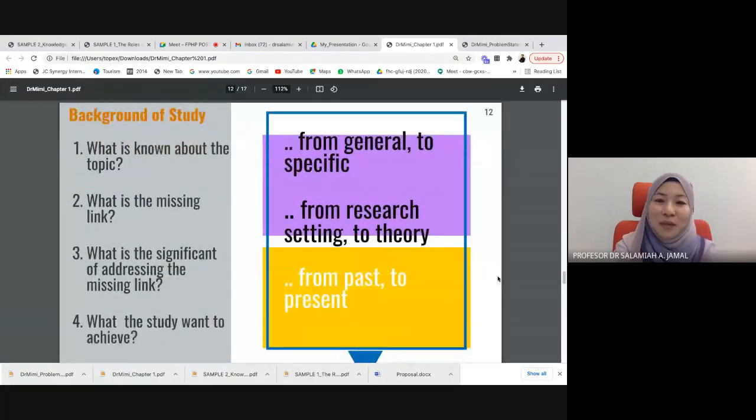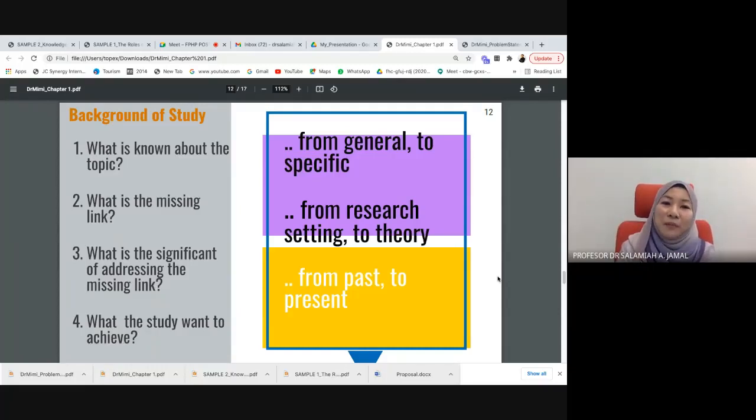What should we have in background of study? From my experience looking into students' proposals as well as theses, whether master's or PhD, I think many are still confused about what to write in chapter 1.